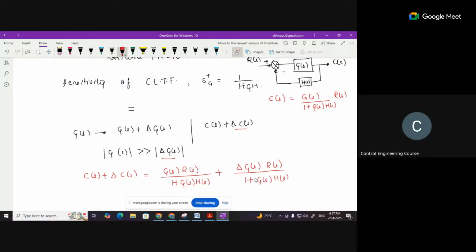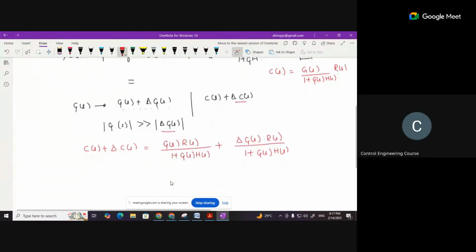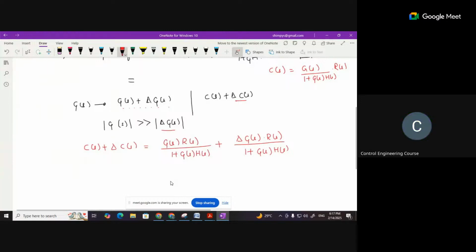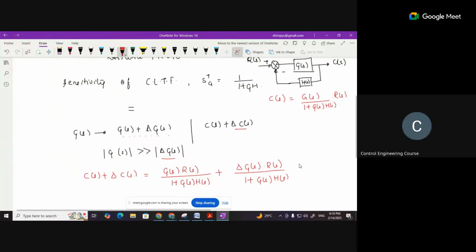I've written it in a single step and expanded it because GS becomes GS plus del GS. Is it clear?